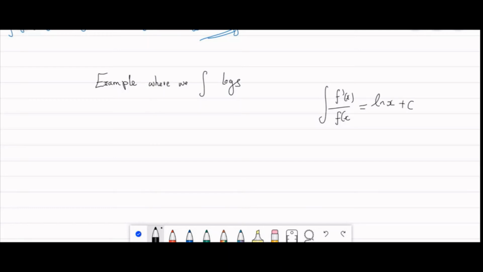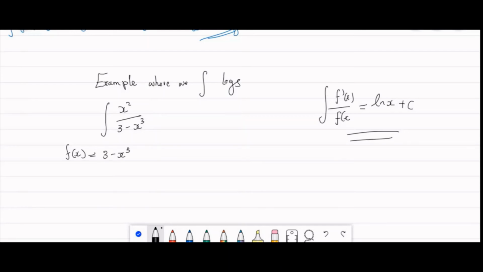So now applying this, let's say we are given an integral of x squared over 3 minus x cubed. We are required to integrate this. What we need to do, we first need to identify our f of x. So our f of x will be 3 minus x cubed.